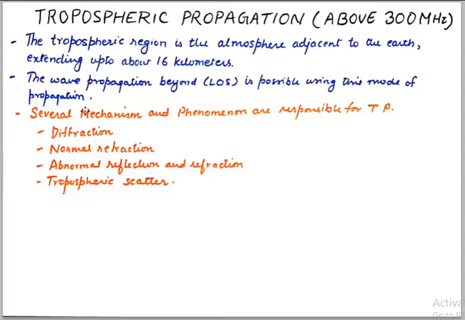And then we have the normal refraction, which is the cause of the gradual bending of the wave as we send the wave upwards. But these two mechanisms are unique to tropospheric propagation, which are abnormal reflection and refraction and tropospheric scatter. So we'll talk about these two in detail, and then we'll get to know how tropospheric propagation has originated.